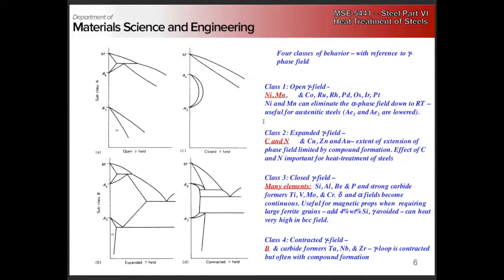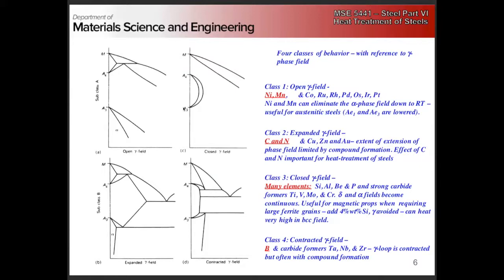Class 2 is an expanded austenite field, the addition of more copper and nitrogen, right? So we have here an austenite region that is significantly larger than it would be with just small amounts of carbon, or significantly larger than it would be for pure iron, right?